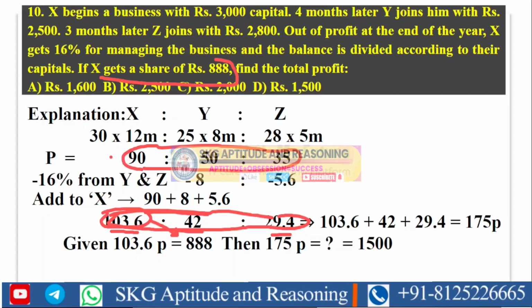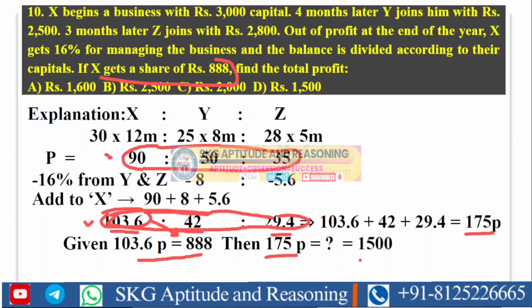Whatever profit we get, the same profit they distribute, but X gets some extra amount as he is managing the business. The total parts are 90 plus 50 plus 35. 90 plus 50 is 140, and 140 plus 35 is 175. So 103.6 parts equal 888, then we need to find 175 parts.